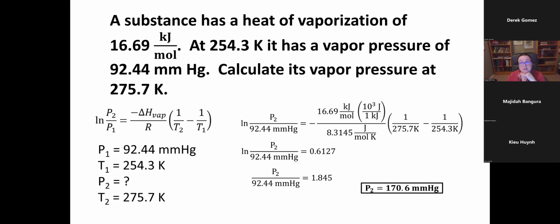So if the temperature goes up, we're adding average kinetic energy to our molecules. They're moving more. Are they going to be more likely to stay together in the liquid phase or run around in the gas phase, if they've got a little more energy?